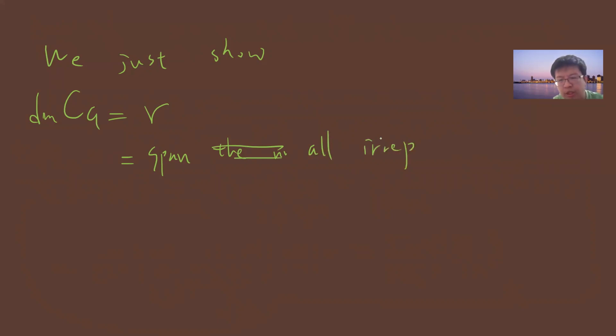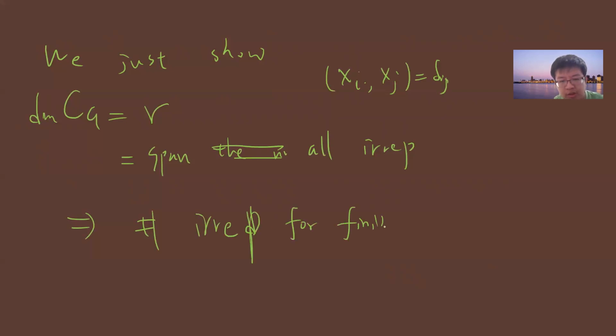And we also showed, since we have the row orthogonality, that all irreps are linearly independent, right? So both are a basis, so their number will be the same, right? So we proved that the number of irreps for a finite group G is the same as the number of conjugacy classes.